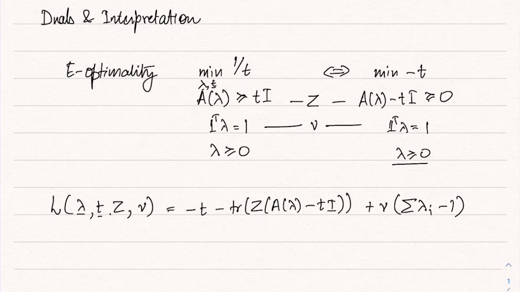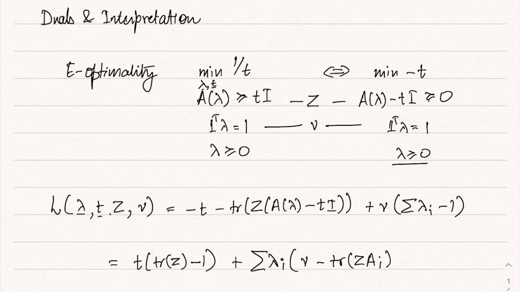Let us now group this Lagrangian so as to separate out the lambda i's and t, which are the primal variables. This can be written as t times (trace of Z minus 1) plus summation of lambda i times (nu minus trace of Z A i), remembering that A of lambda was summation of A i lambda i, minus nu.